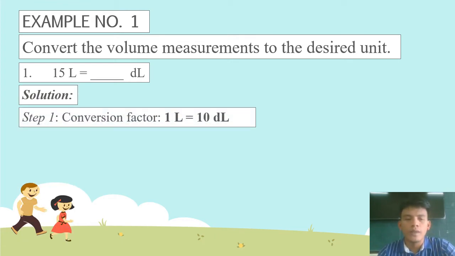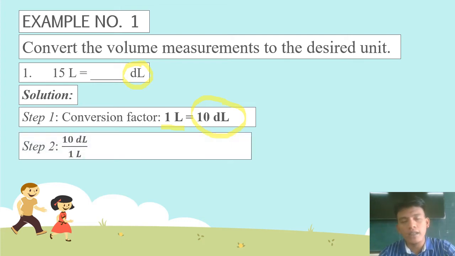Solution. Did you know that 1 liter is equal to 10 deciliters? Our desired unit is deciliters. Please don't forget this one.